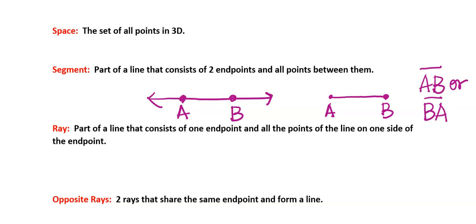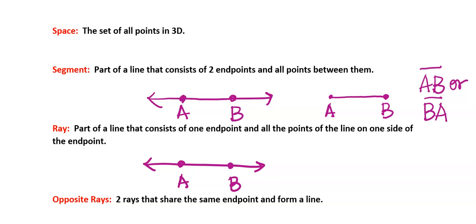A ray is part of a line that consists of one endpoint and all the points of the line on one side of the endpoint. So here they're talking about a line again. I'm going to put AB on here again. I should have made that a little longer. Let me do that again. So I'm taking that same line with AB on it. Okay, but this time it consists of one of the endpoints and all the points going one way.